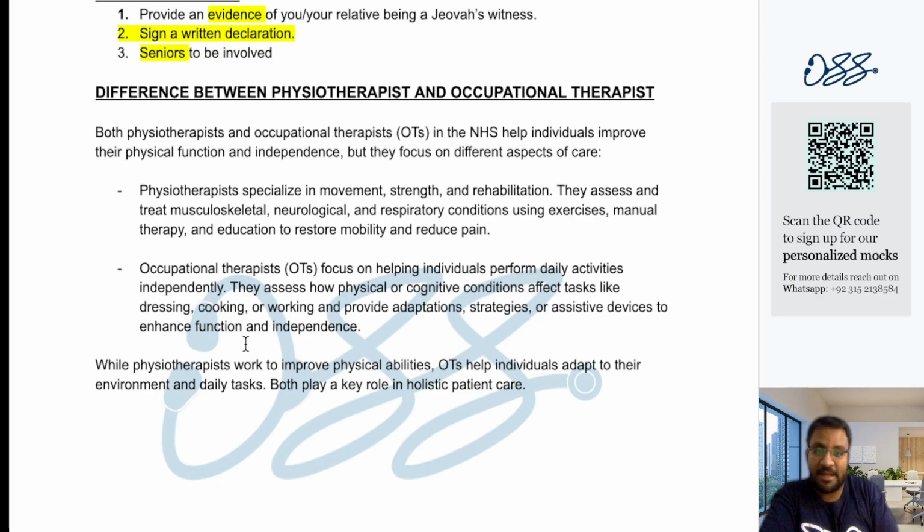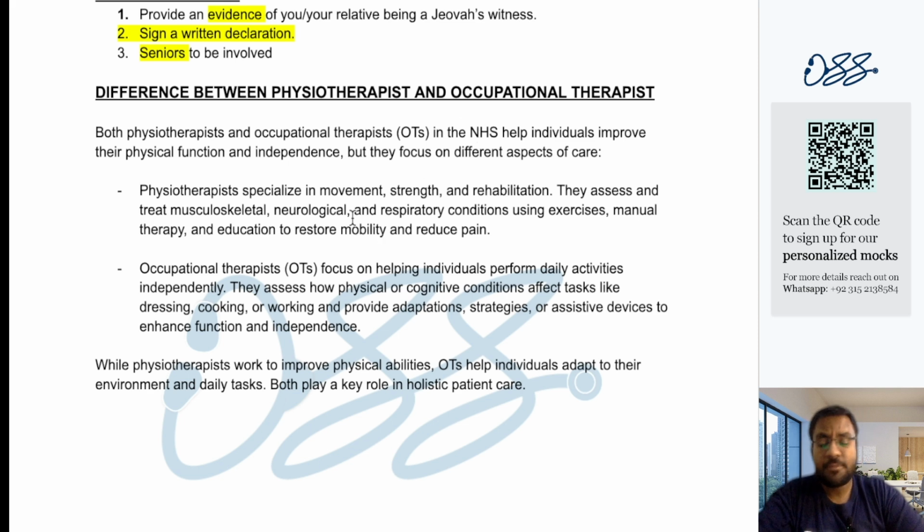They may change your work from mechanical to administrative or managerial work for some time. These are the things the occupational therapist would assist you in. So they provide a much more holistic approach to your recovery. Do not get confused about what an occupational therapist does.